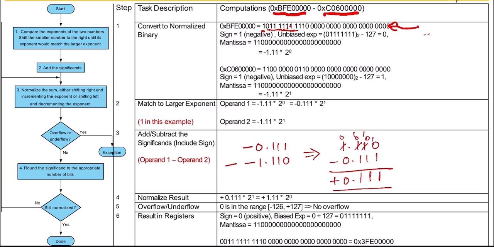So when you subtract 127 from it, you get your unbiased exponent. In this case, this value converts to 127. So when you do 127 minus 127, you get 0. Now after you're done, everything else that is left, which is from here, is your mantissa, right?